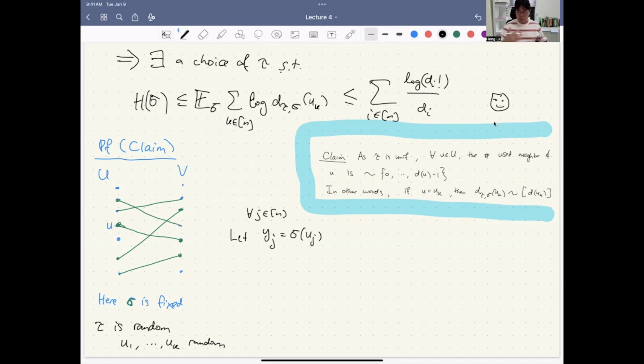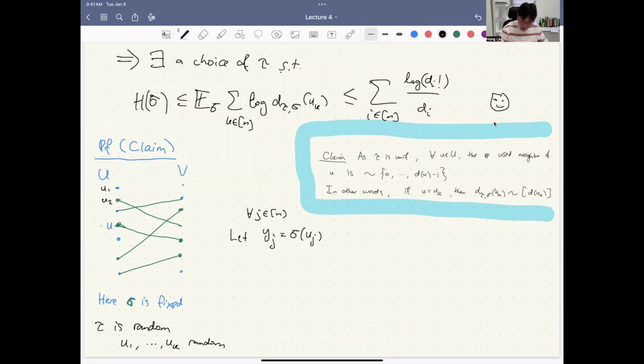That's the other endpoint that it's mapped to. Let me draw U according to the ordering of tau. I reshuffle U so that U1 goes on top.